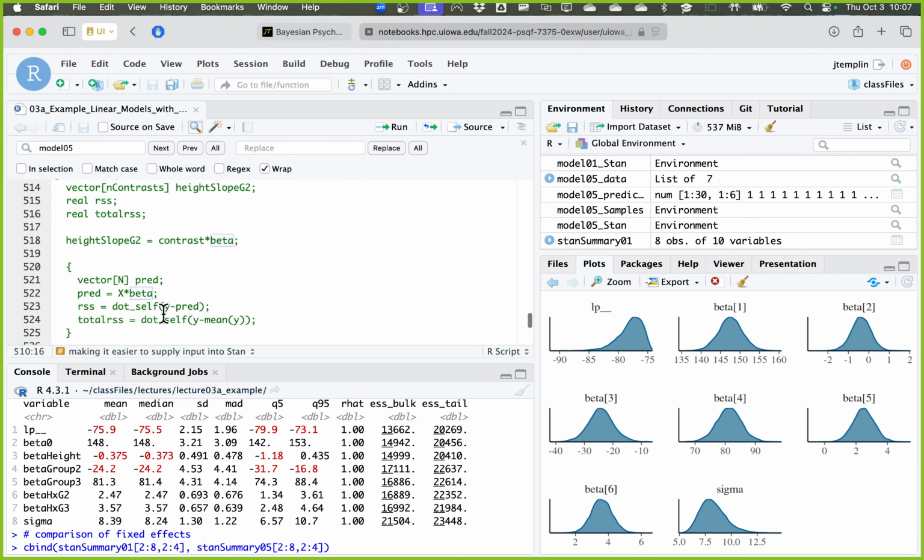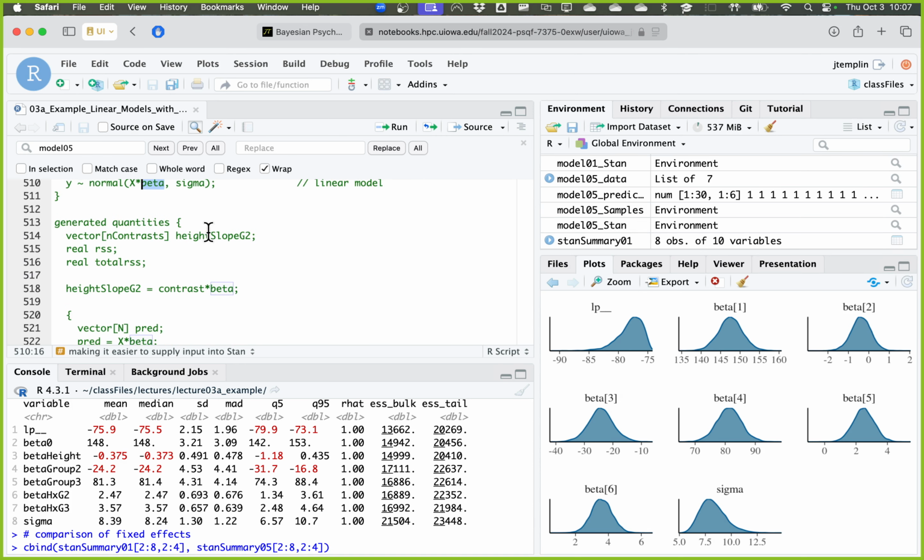And let's talk about our height slope for group 2. Well, if we were to import what I would call a contrast vector, a contrast vector would say which betas needed to be summed together. Then we could take it and use a matrix product and add those betas together as we go through.